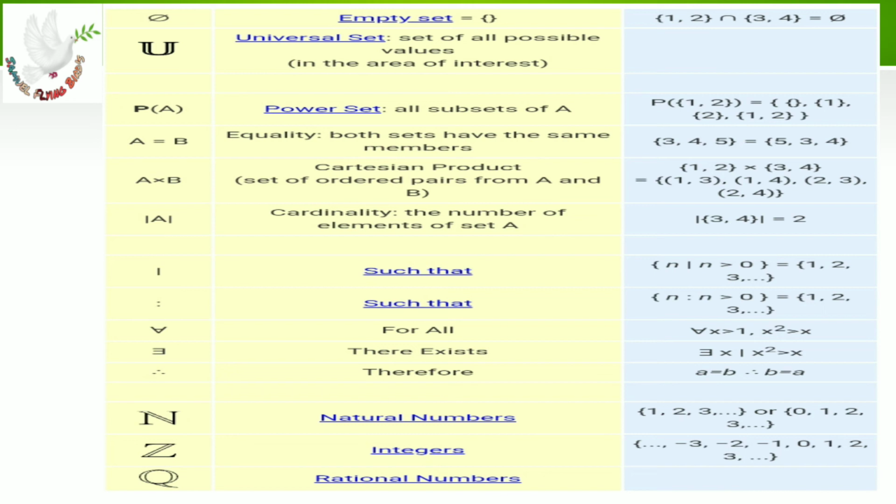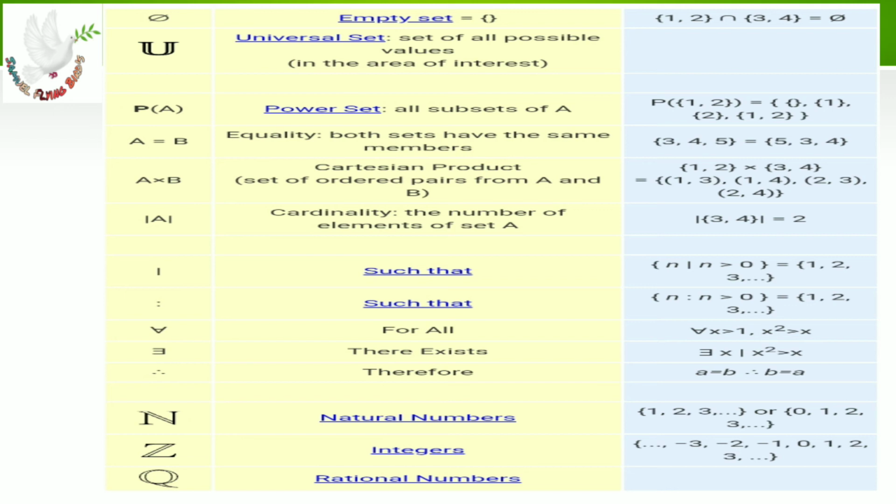Capital N can be written for natural numbers. A set of {1, 2, 3, 4, and so on} or a set of {0, 1, 2, 3, and so on} is called the natural numbers. Z is the symbol of integers. We can write it as, for example, minus 3, minus 2, and so on, from minus infinity to plus infinity including 0, in the form of a set.